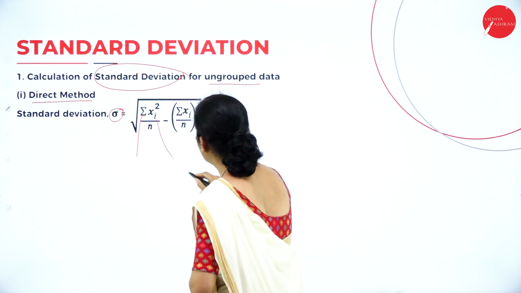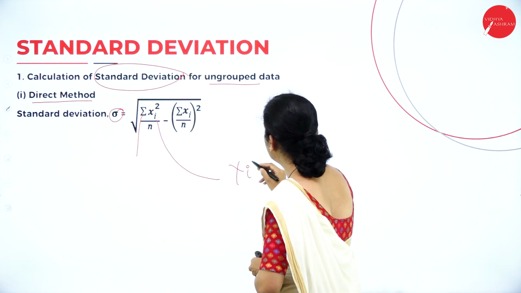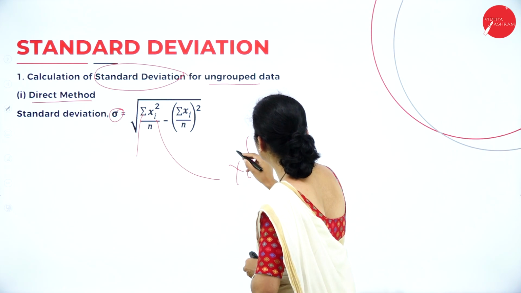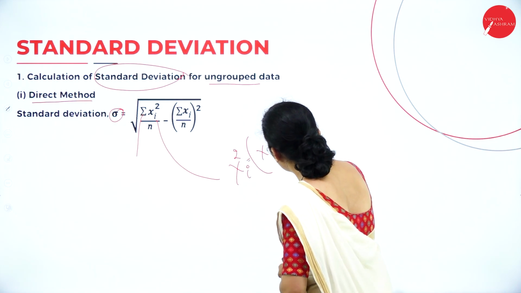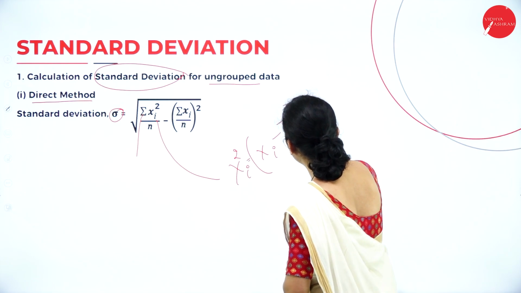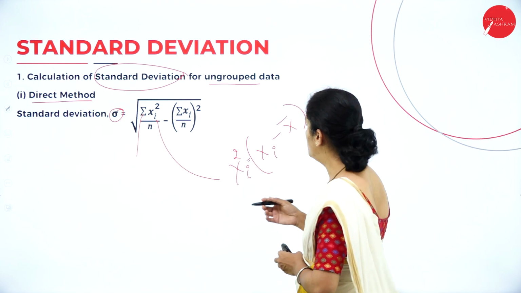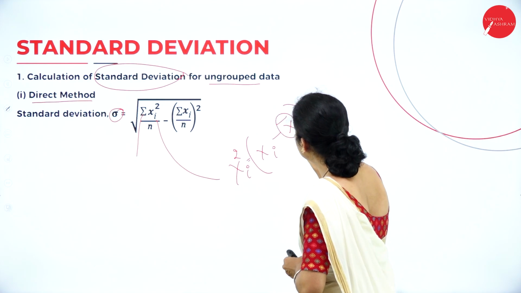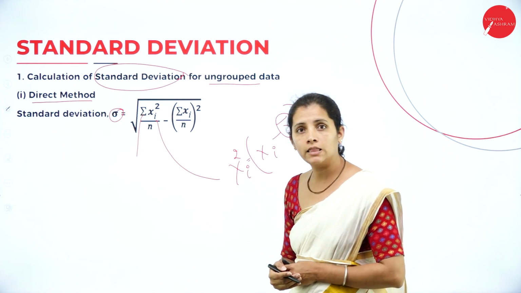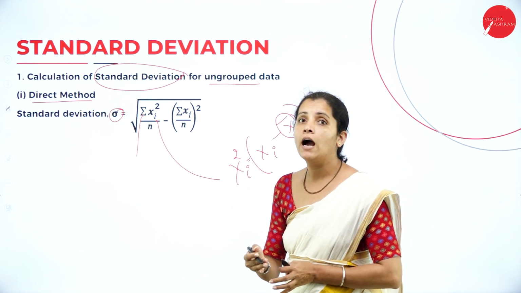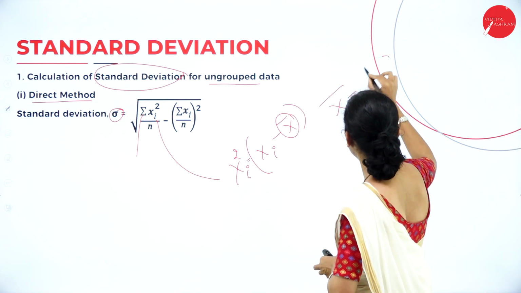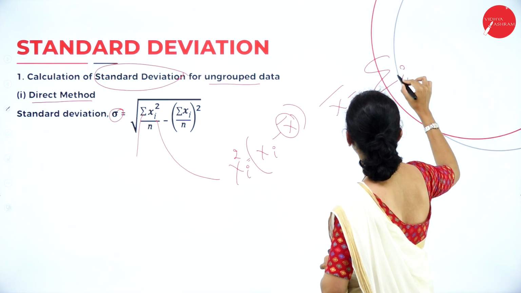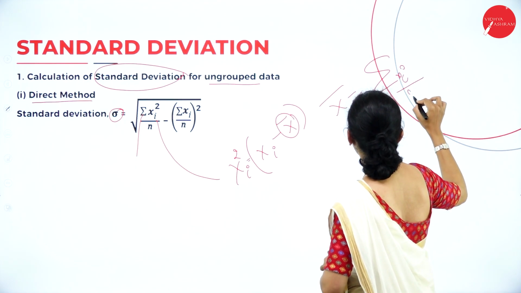So here, what is xi square? That is nothing but xi minus x bar. Now see, what is x bar? It's nothing but the mean. And what is the formula to find out x bar? That's nothing but the summation of xi by n.